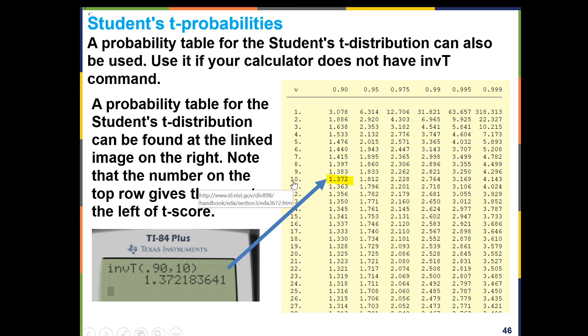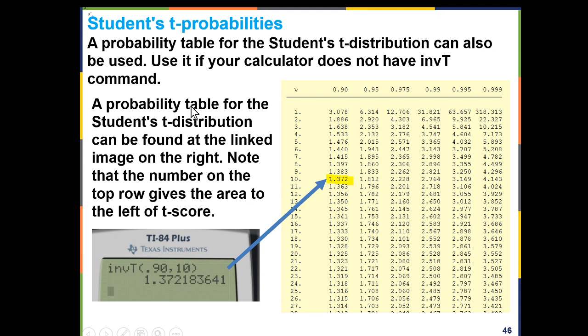So let's say you go to 10, which is degrees of freedom, and these right here are areas to the left of the number. We're looking for area to the left, 0.90. So 0.9 is the area to the left of this number: 1.372 under degrees of freedom of 10. Notice that that changes if the degrees of freedom changes. See that?